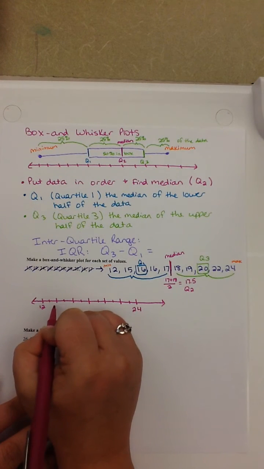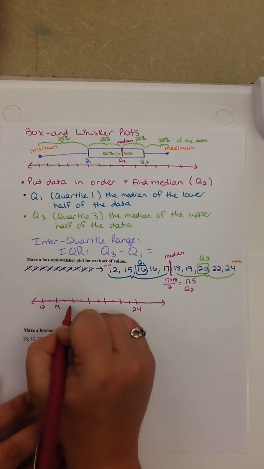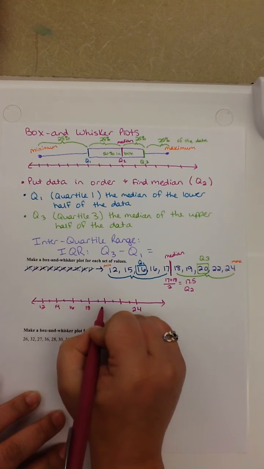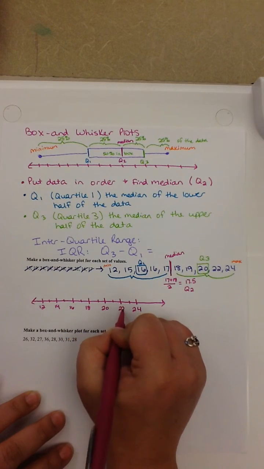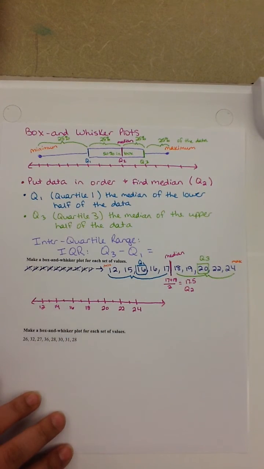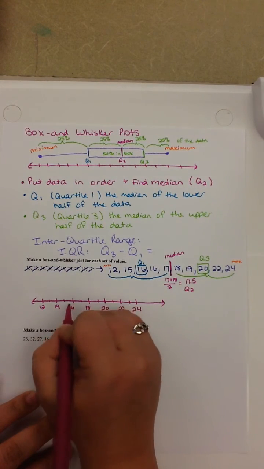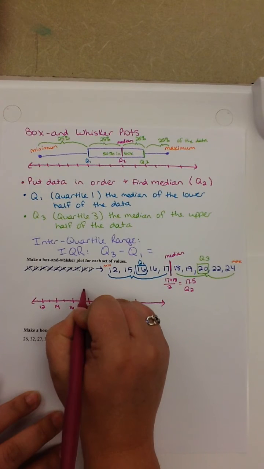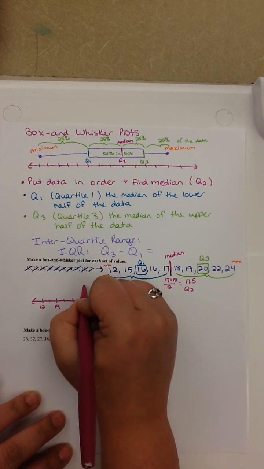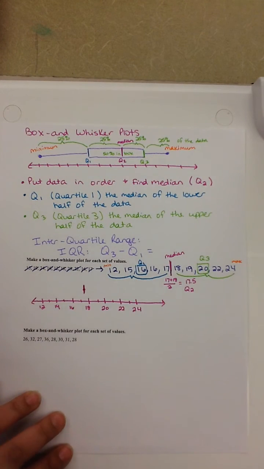Okay, so 12, 14. Alright, so when I start putting stuff on here, first is going to be the median at 17.5. So here's 17.5, and that's going to get a line drawn there.